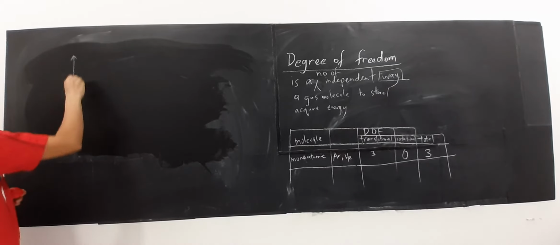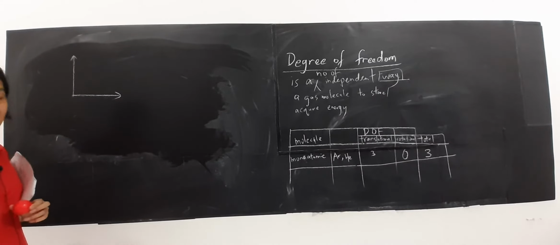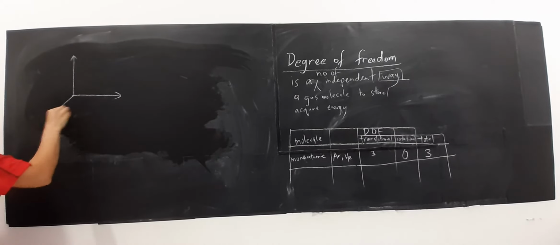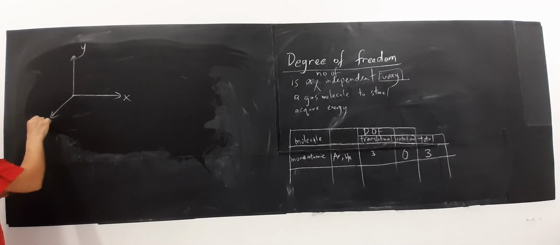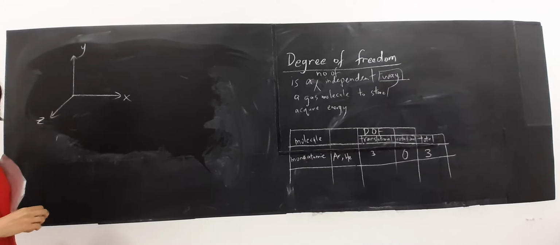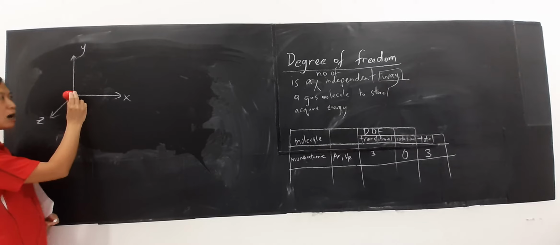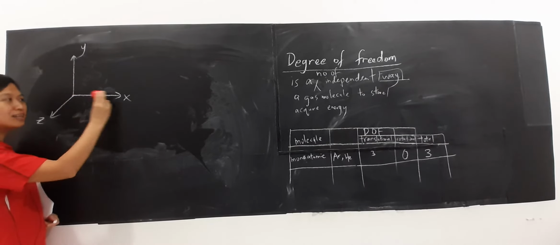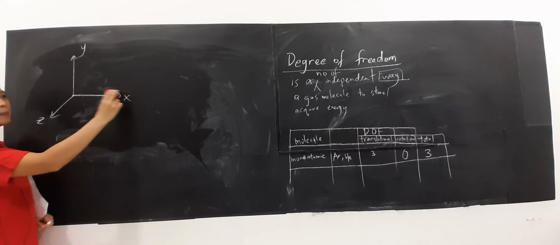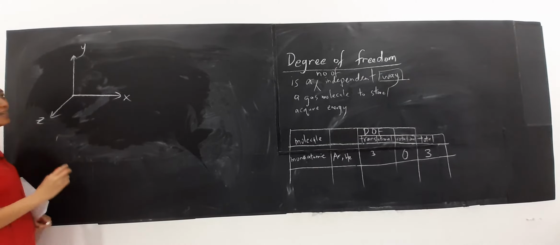In translational motion, the maximum axes that we will look at are 3, in 3 dimensions only, means x, y, and z. Translational motion bagi monoatomic, ini maksudnya satu atom. Translational means moving forward or backward along the x-axis.